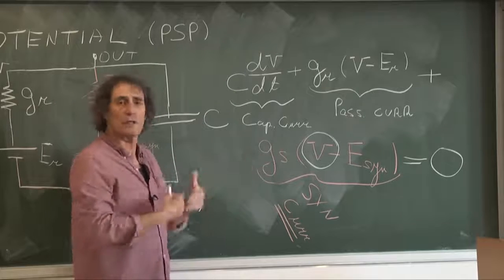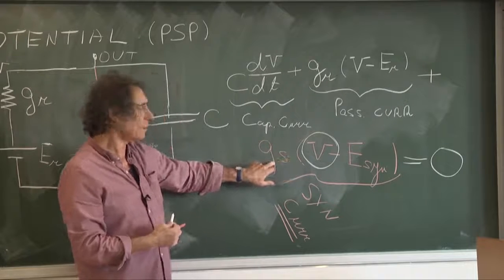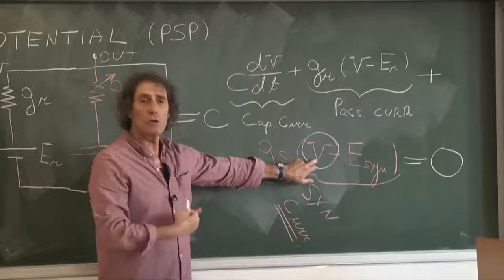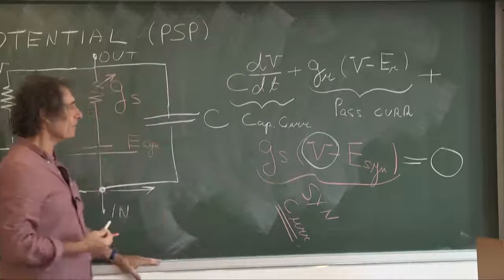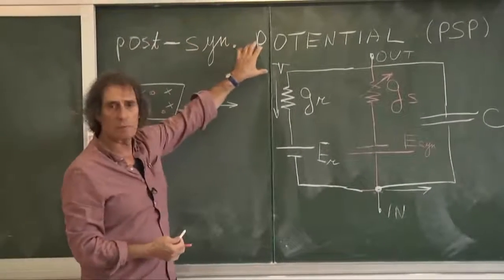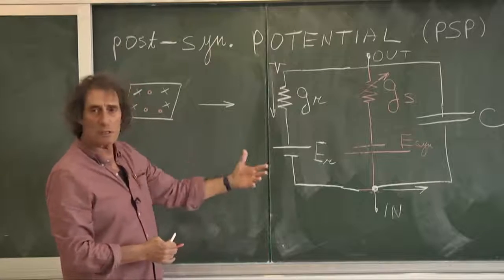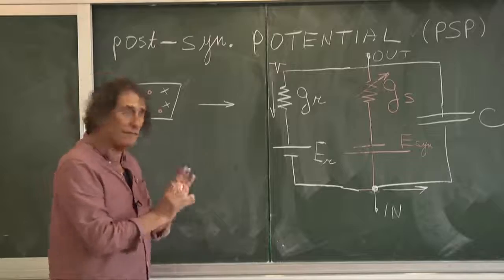I want to know what is the change due to the opening of the conductance of the synapse that I will call the postsynaptic potential. So I really want to discuss with you the postsynaptic potential, the potential being developed at the postsynaptic membrane due to the activity of the synapse.